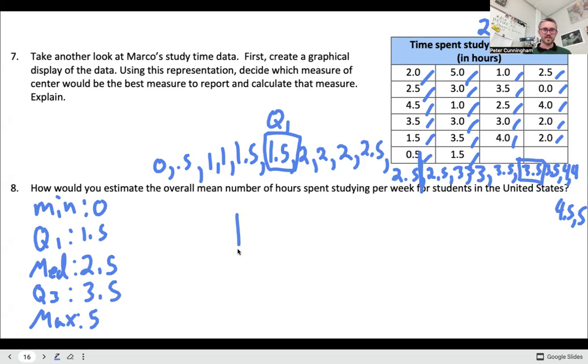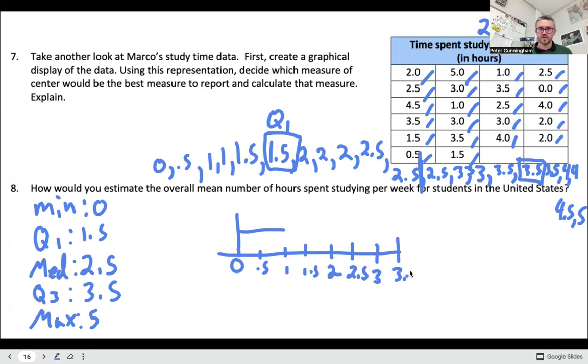All right, all that to say, now I can make my plot. My minimum is 0, my maximum is 5.